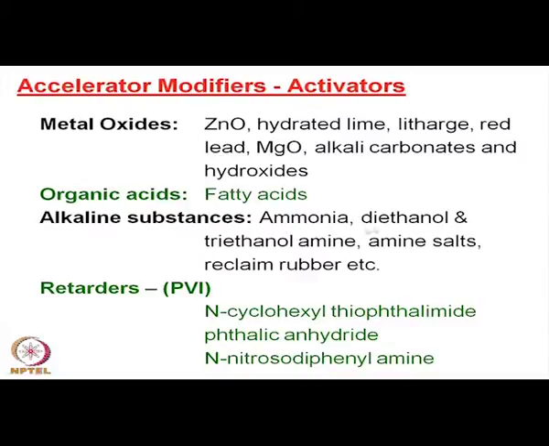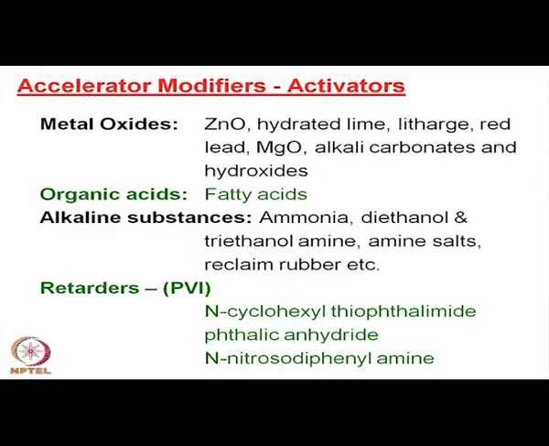Ammonia, diethanolamine or triethanolamine, amine salts, or even reclaimed rubber, which is alkaline, can increase the curing reaction rate, vulcanization rate. So we have discussed the accelerators and accelerator modifiers, that means accelerator activators.